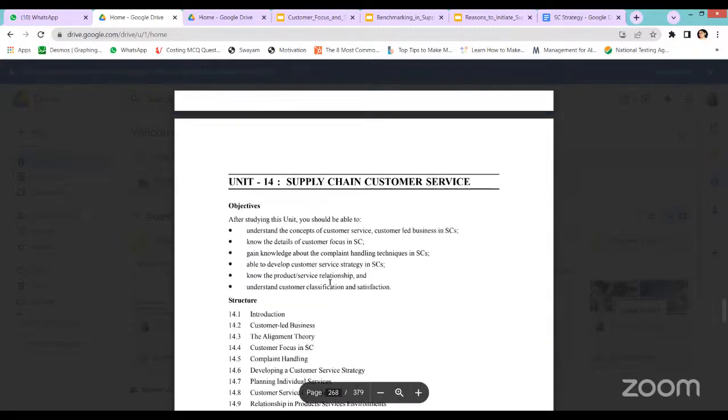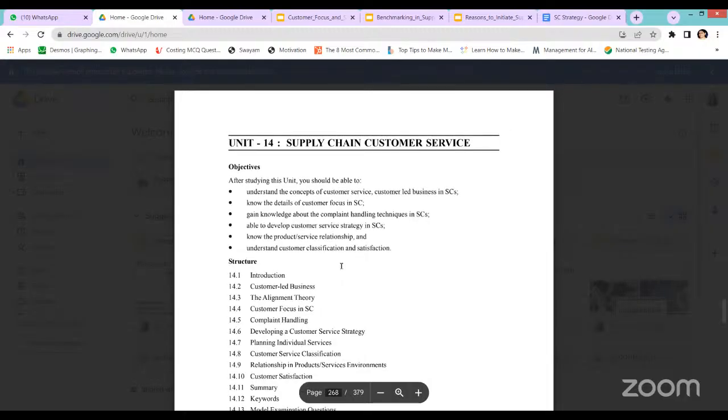Now, moving on to the next unit, that is supply chain customer service. Customer service is more important because the customer is the end user, and focusing on the customer brings survival to the organization.